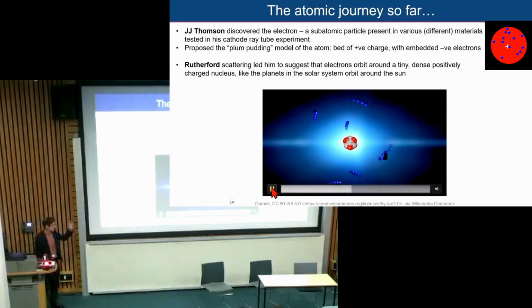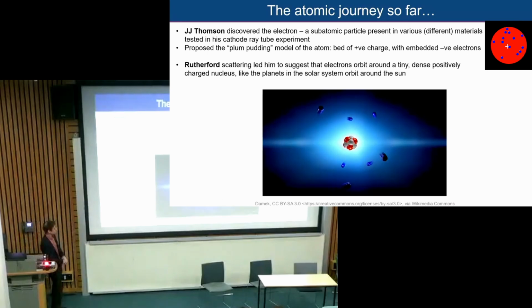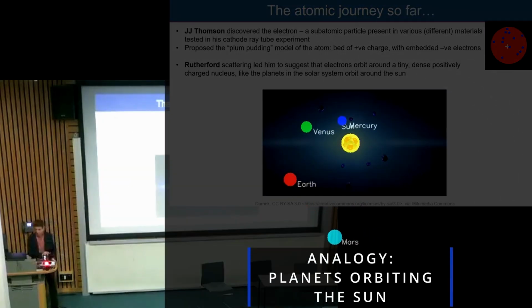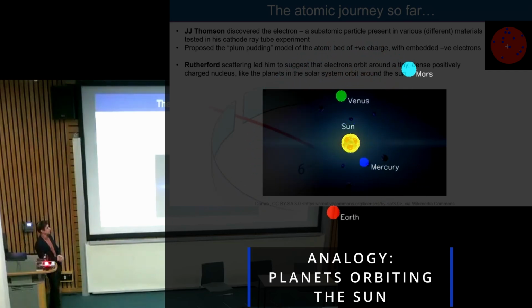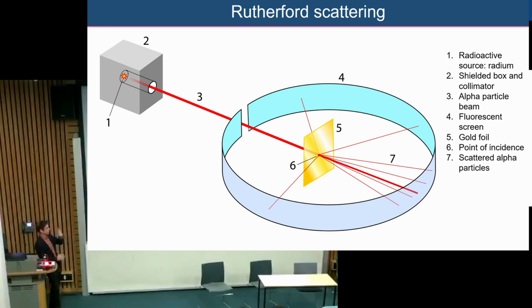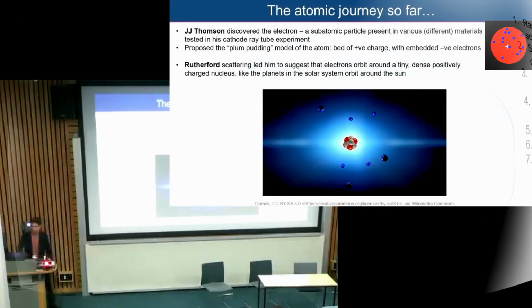So there's the positively charged nucleus and the orbiting electrons. That was the Rutherford model of the atom put forward in order to explain the phenomenon of alpha particle scattering from what should have been a very thin, easy to punch through foil object if we were relying on the Thomson model of the atom.